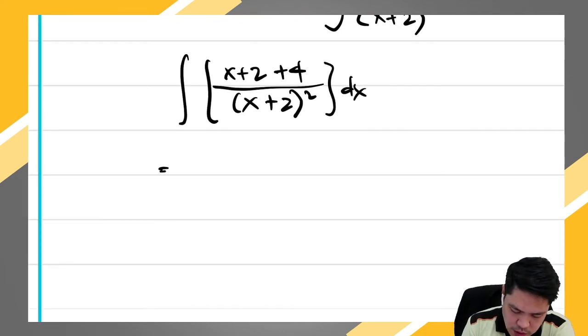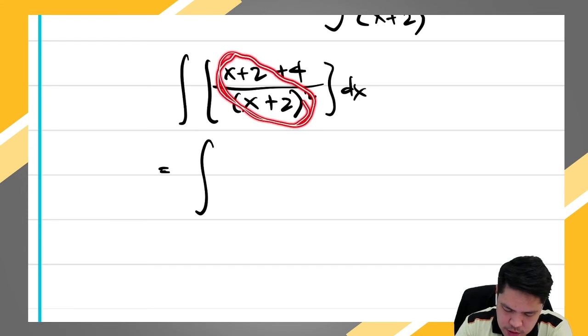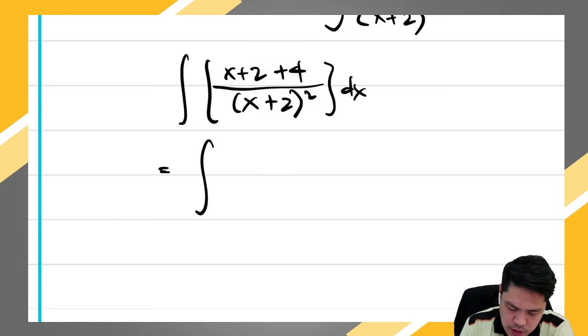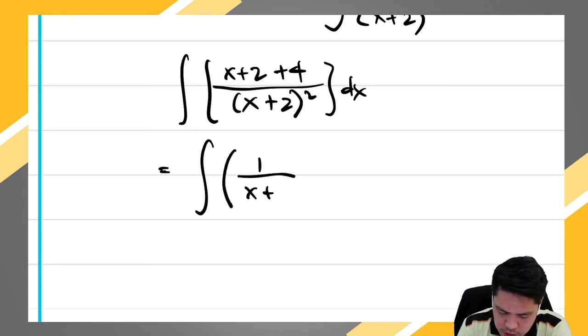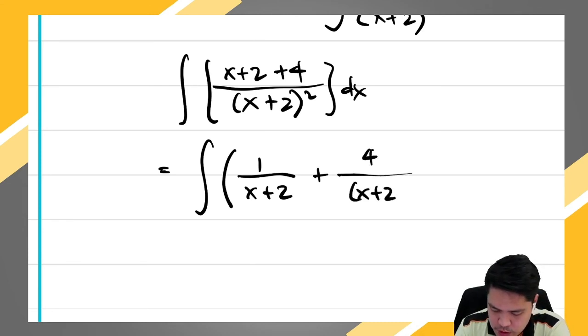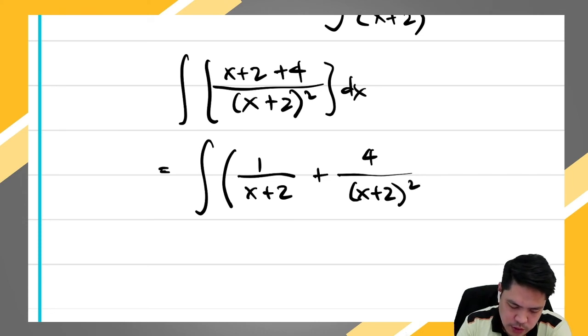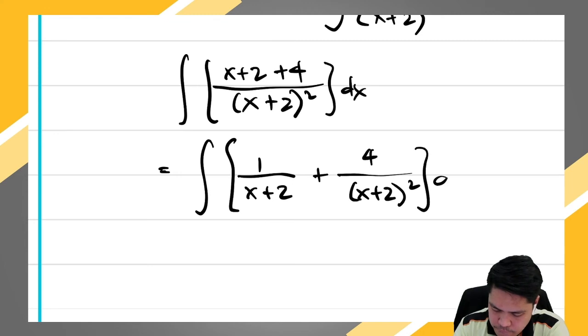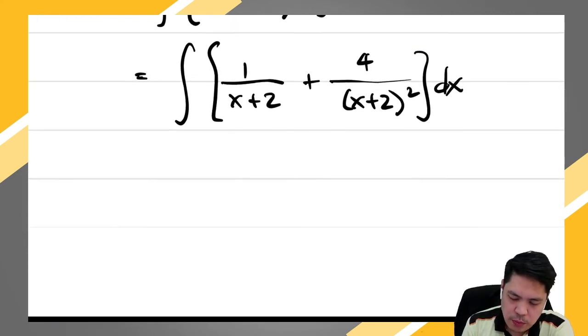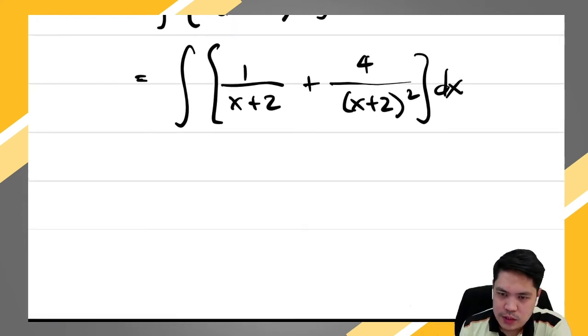Then if we do that, the result would be this, diba? So x plus 2 over x plus 2 squared, that would be 1 over x plus 2, and then plus 4 over x plus 2 squared, and then dx.